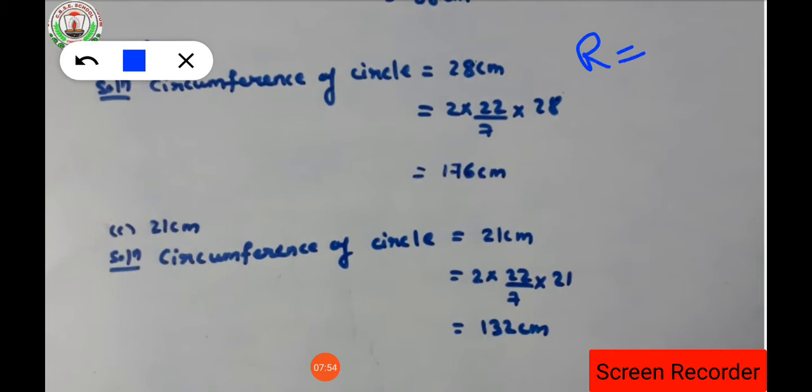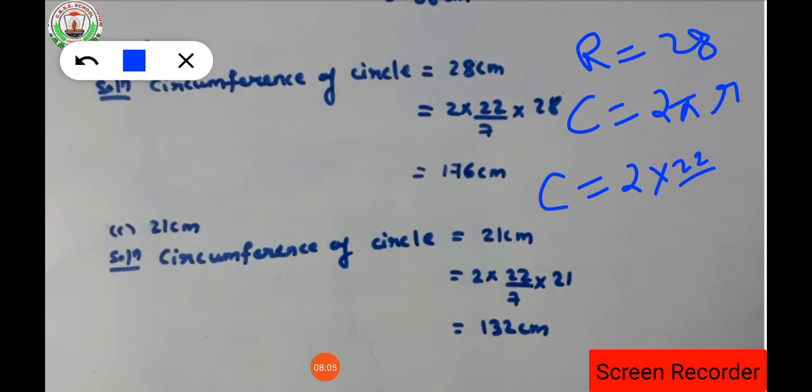Clear everyone? In the same way we have the B part of the question. Here the value of r is given as 28. Circumference of a circle formula is 2 pi r, isn't it? So circumference C is equal to 2 into 22 by 7 into r, which is 28. Now 7 1 is 7 will get cancelled, and in the table of 7, 28 comes how many times? 4 times, isn't it?